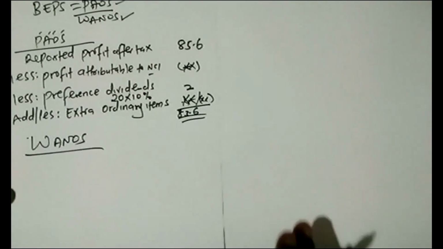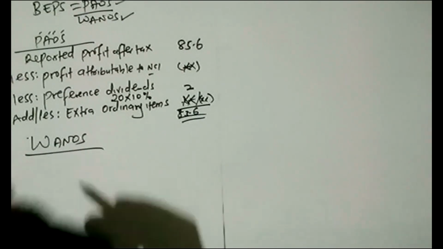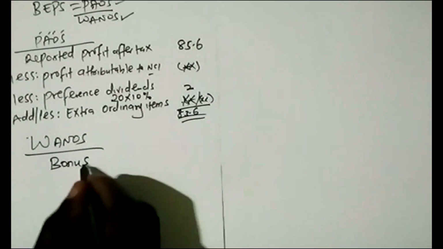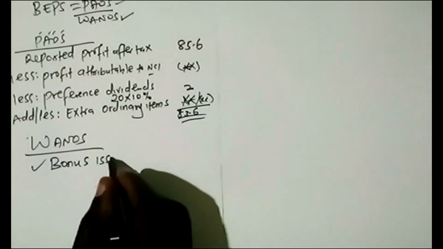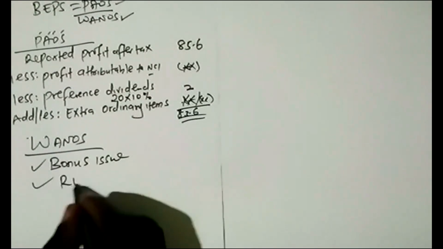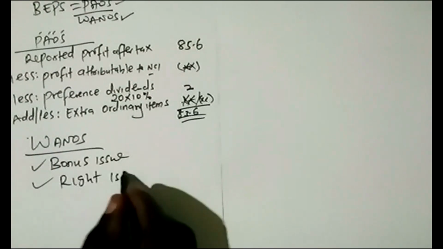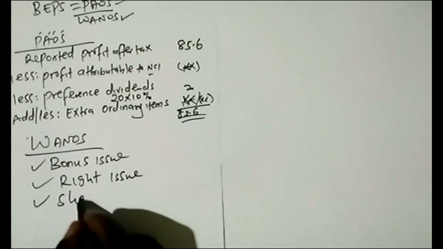So what about the weighted average number of ordinary shares? The main thing you need to ask yourself in this question is: is there a bonus issue? Is there a right issue? Is there a share split?